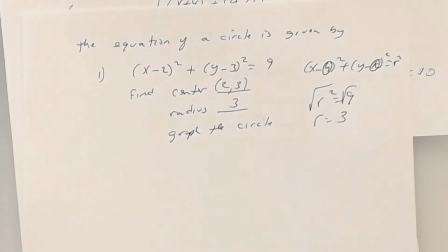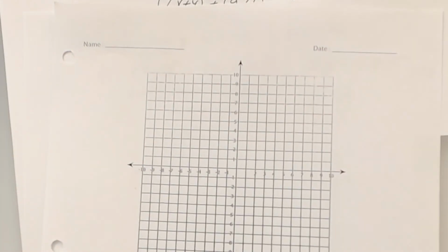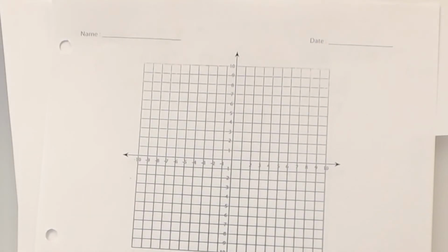All right. Take the small grid paper out, the small one, and let's go ahead and graph this. To graph the circle, what is it you need to find first?